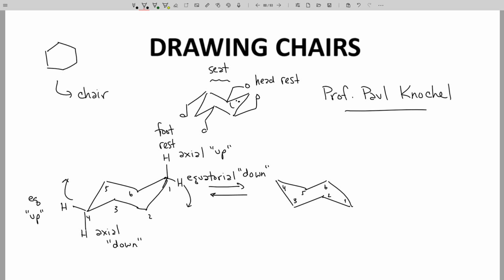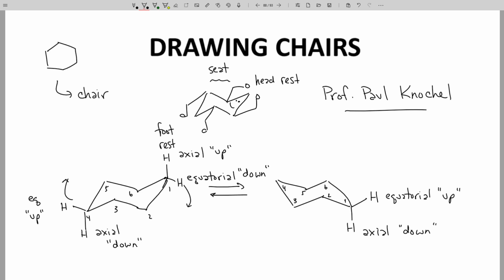Now when we flip these, carbon 1 on the far right still has an equatorial and an axial group, an up and down group. Now this hydrogen is equatorial, kind of lies within the plane of the structure. It is still up, and here this one's clearly down. This is axial down.